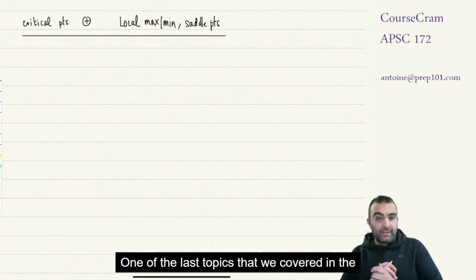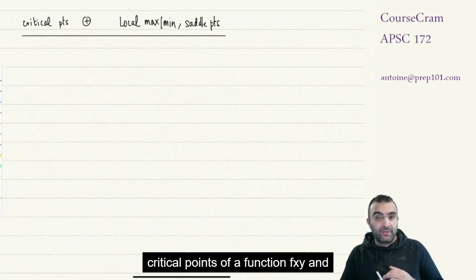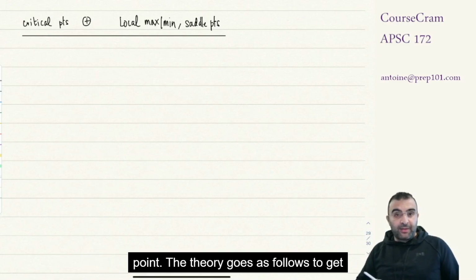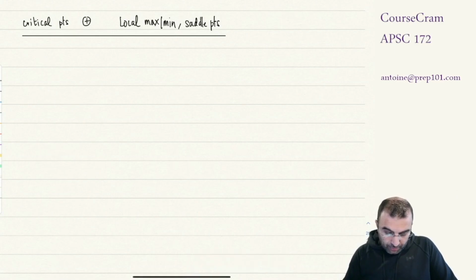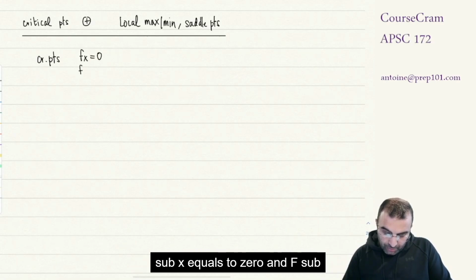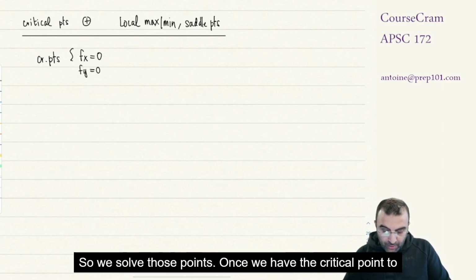One of the last topics that we covered in the midterm was finding the critical points of a function f(x,y) and then classifying them as local min, local max, and saddle point. The theory goes as follows. To get the critical points, we solve f sub x equals 0 and f sub y equals 0.